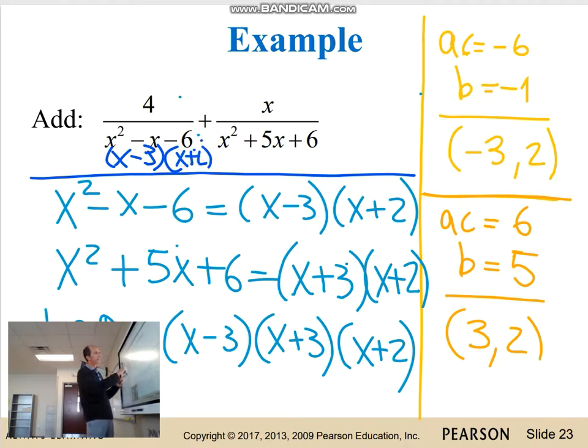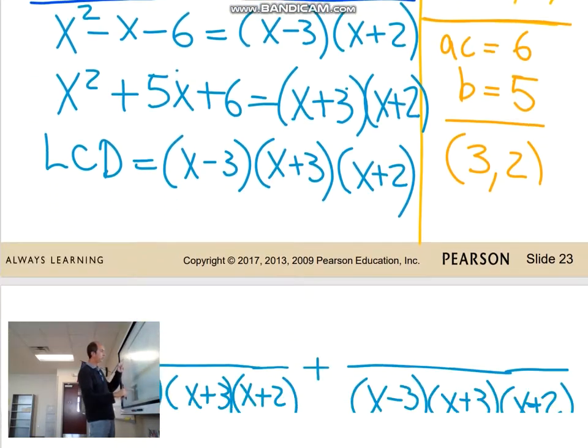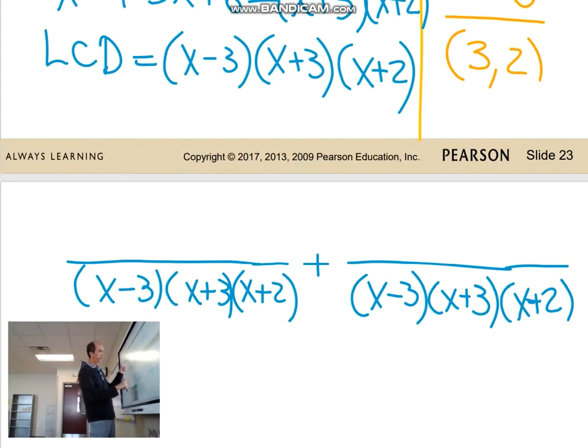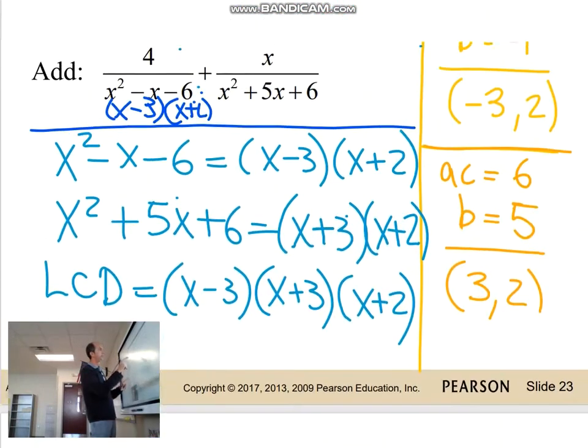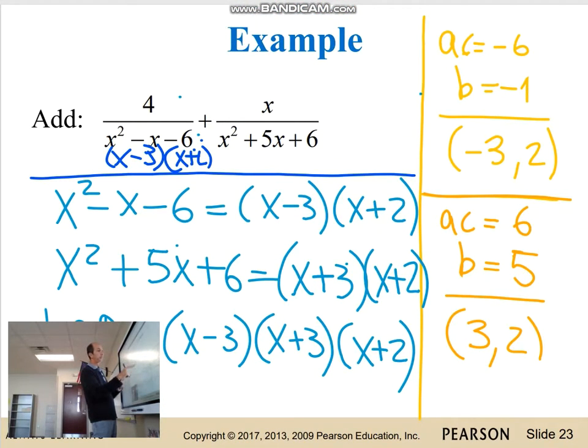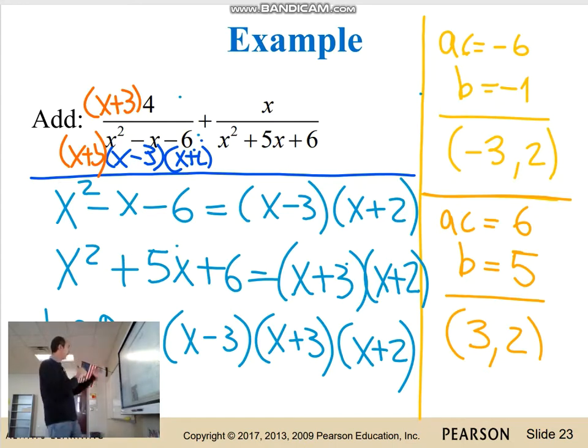To have the least common denominator, we need to multiply the numerator and the denominator by x plus 3, which is the one missing. So let's multiply x plus 3 on the numerator and denominator.